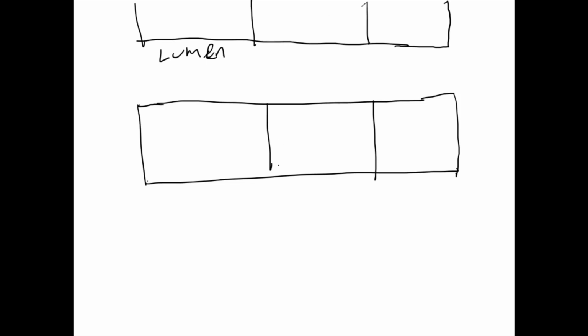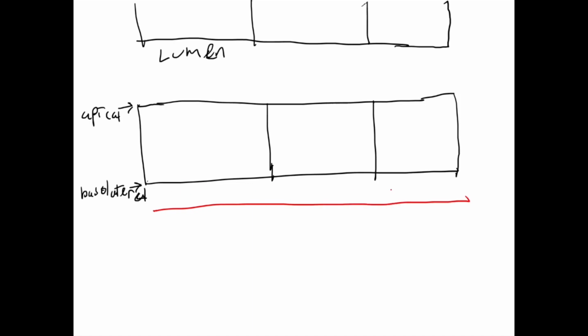This is the epithelial layer. And so on the basolateral portion, which would be here, and then you have the apical, obviously, which is what faces the lumen. And then here, you're going to have an interstitial space here, and then you're going to have the peritubular capillaries.